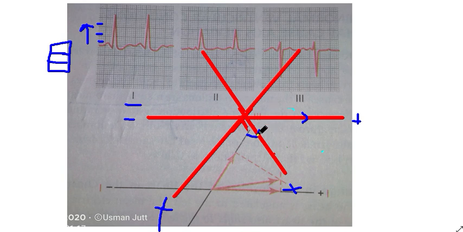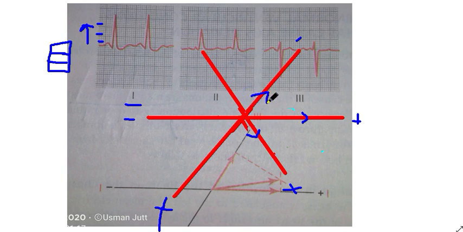Lead 3 is deflected in the negative direction, so the voltage projection should lie on the negative side of lead 3, not on the positive side, and it covers approximately 1.5 millivolt. This will be the approximate distance covered by lead 3.